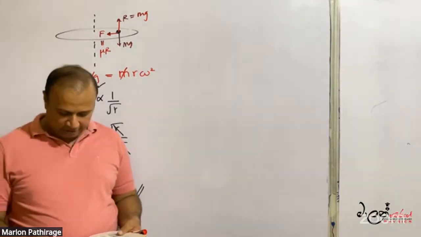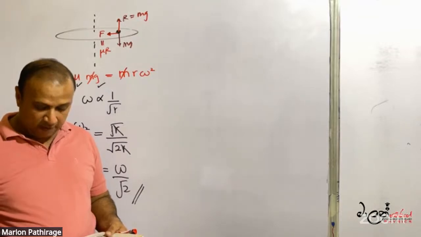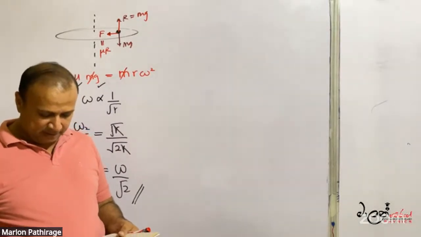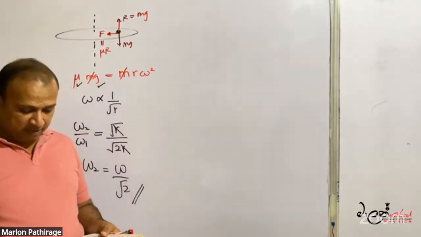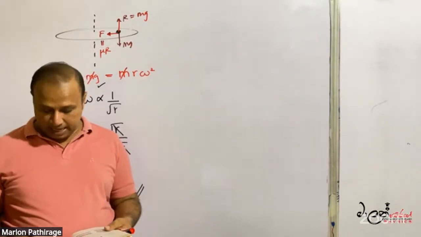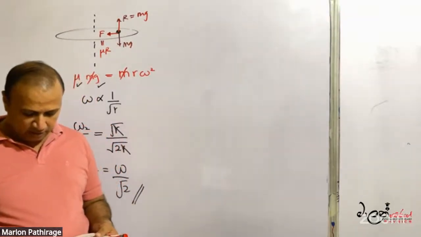The horizontal table is rotating with a uniform angular velocity about a vertical axis passing through its center. A mass, simple M, is at rest on the table without slipping.